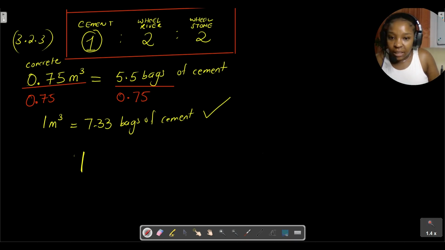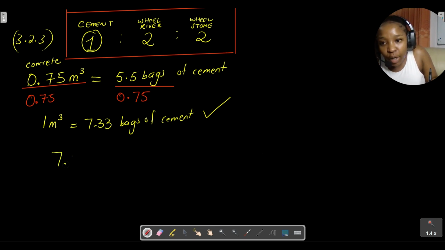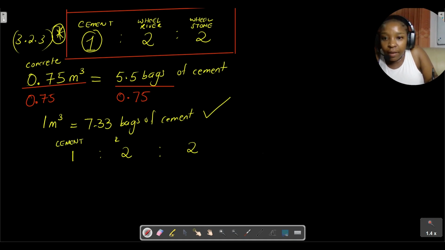So if I need 7.33 bags of cement, that's the cement. I'm just relating this to this. Remember, it's 1 cement, 2 wheelbarrows of river sand, 2 wheelbarrows of stone.